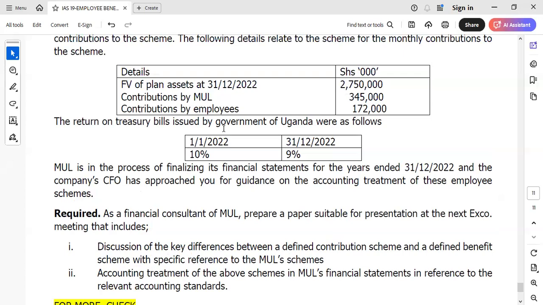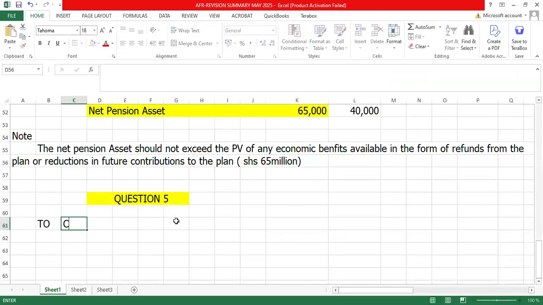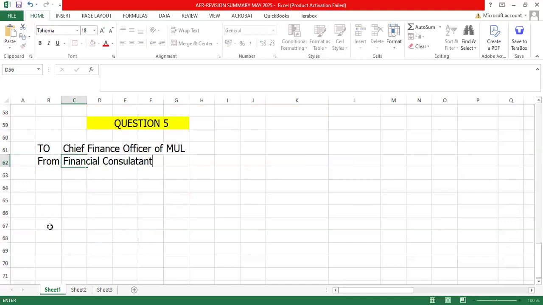So I'm going to say to the chief finance officer of Moore. From who? From you. Since they have specified, you're going to say from financial consultant. If they have not specified, you say CPA student.